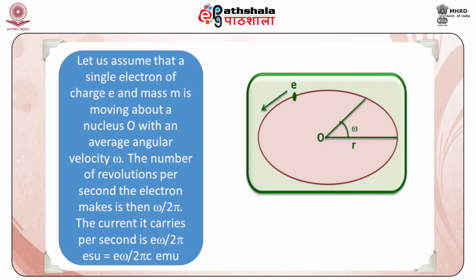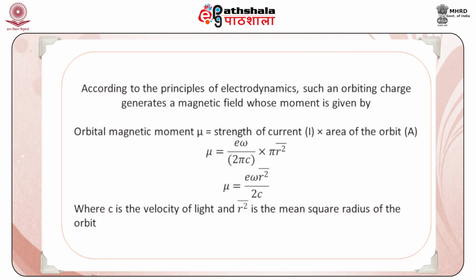The current it carries per second is e omega upon 2 pi ESU, that is equal to e omega upon 2 pi c EMU.